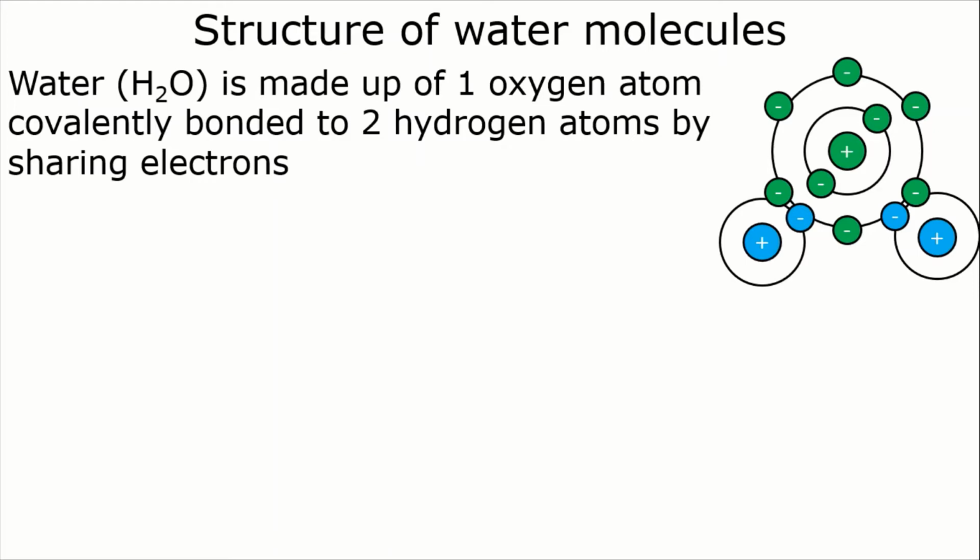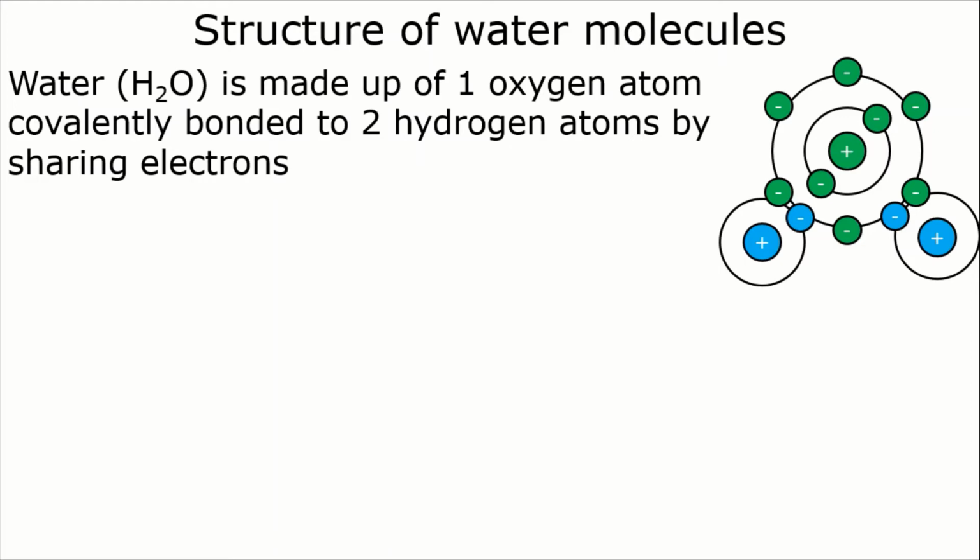Now, oxygen has got 6 electrons in its outer shell, so ideally it wants to bond with two other atoms or one other atom and share to gain 2 electrons in its outer shell, so that it has a full outer shell of 8, because our second shell is able to hold up to 8 electrons.